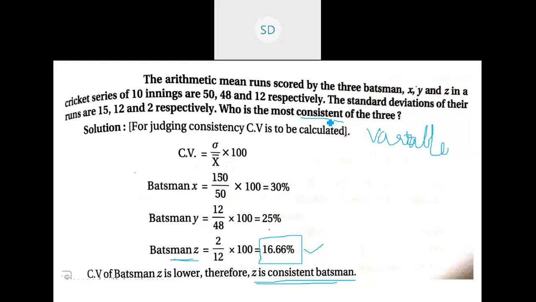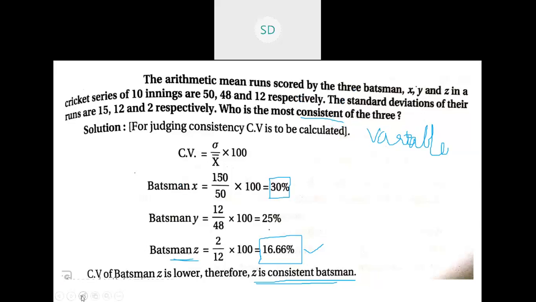Now in the same question, if I ask who is the most variable of the three, you are supposed to select the person with the higher CV. The person with higher CV is supposed to be considered for more variable. So that is how you consider both consistent and variable.